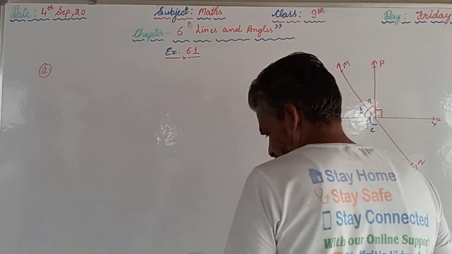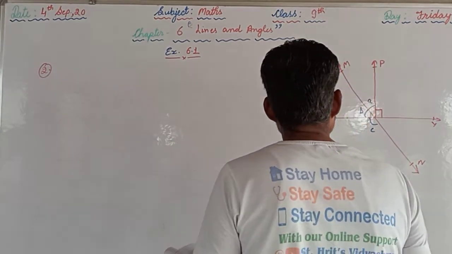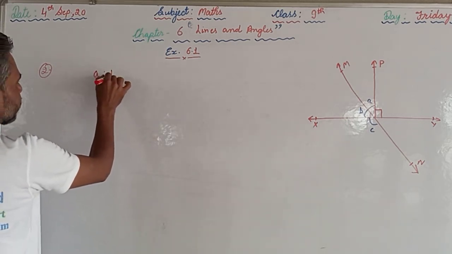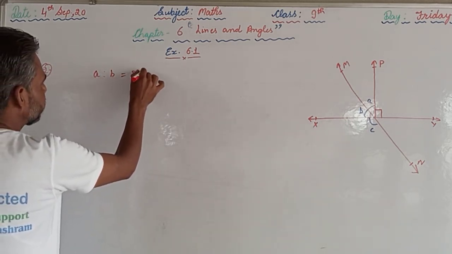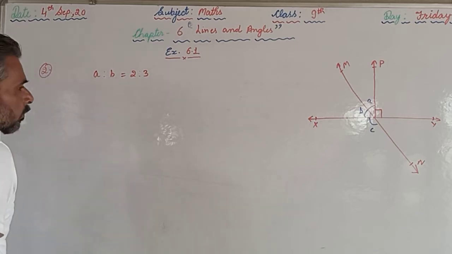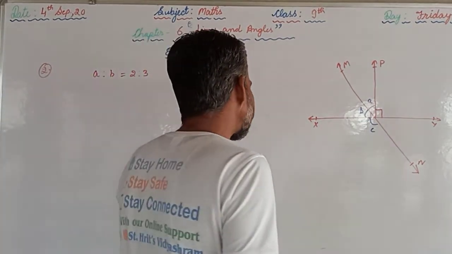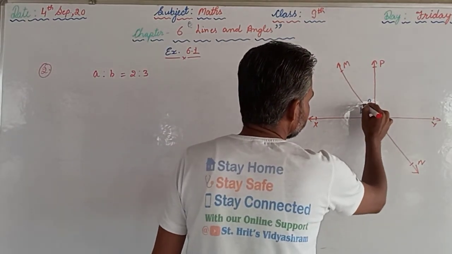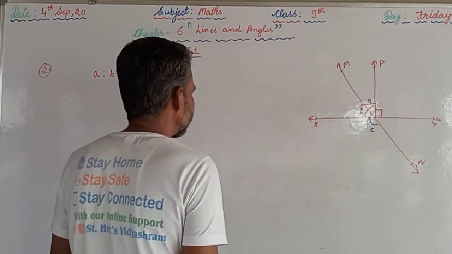We have to find these three angles, in which one more additional information is given: A ratio B is 2:3. As this is 90 degree, so this will also be 90 degree.